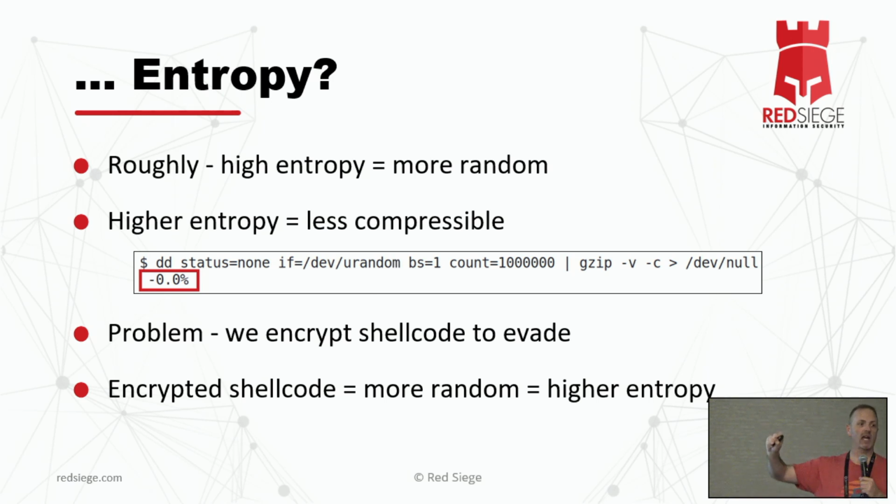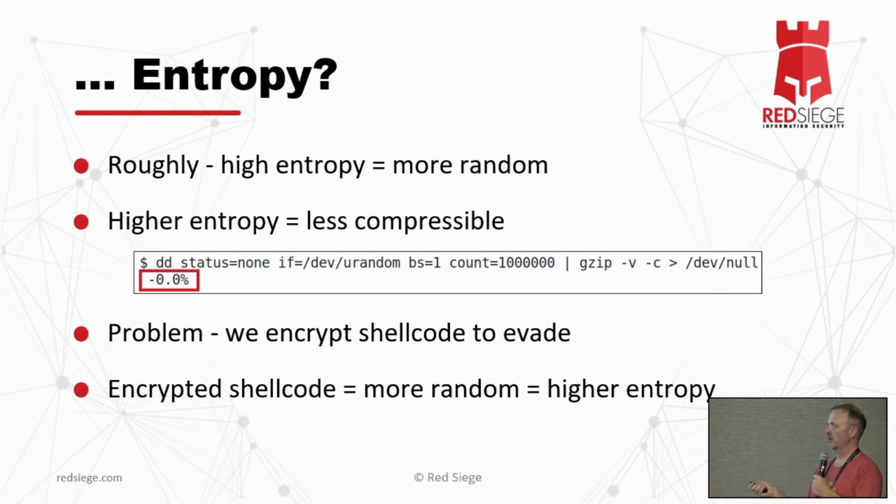Now, yes, I know you can use the Linux utility ent to measure entropy, but it's not installed by default on every operating system. gzip does this for you, just easy. So I'm going to read in 1,000,000 bytes from dev-urandom. Assuming I have a suitably well-written random number generator, I read in 1,000,000 bytes and I pipe it to gzip.